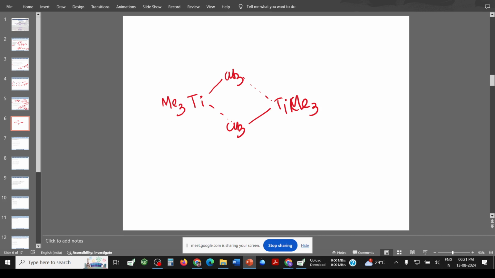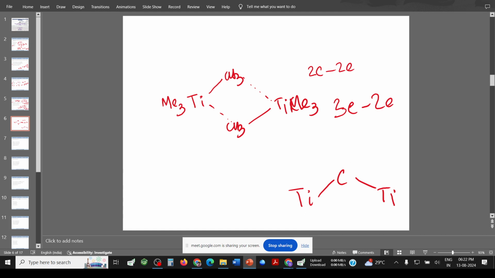This bonding of titanium-methyl-titanium is not a two center two electron bond, but instead a three center two electron bond, like titanium-carbon-titanium.